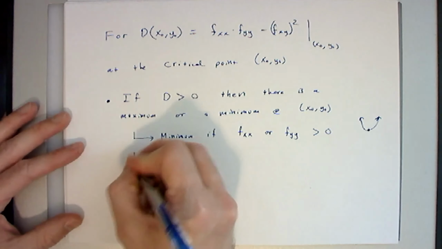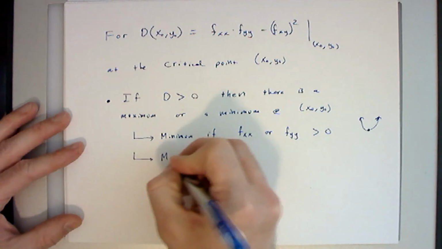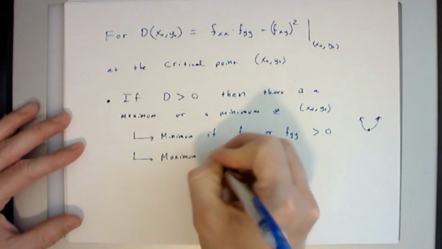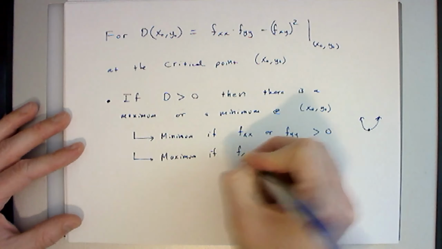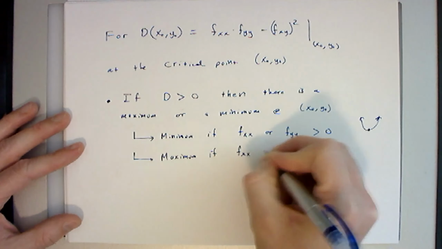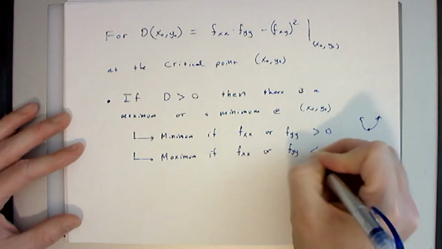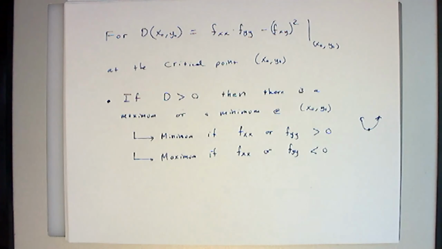On the other hand, we have a maximum if fxx or fyy is less than 0. For the same sort of reason, if the second derivative is less than 0, it's going to be concave down, and you're going to have a maximum.